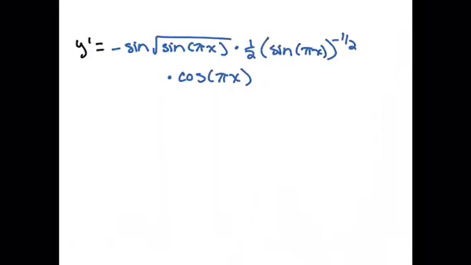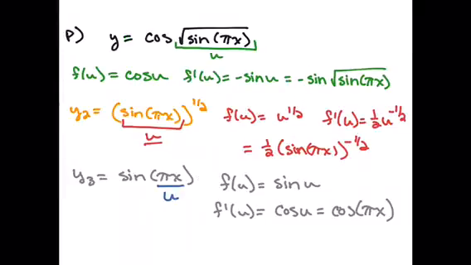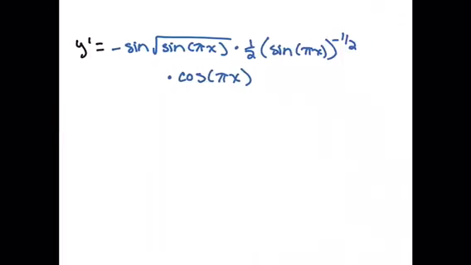And I'm not quite done yet. Let's go back. And I still see that I need the derivative of my innermost function, which is pi times x. When I take the derivative of that, I just get pi. So that's the final piece of the puzzle here. We're multiplying this by pi. So let's clean this up.